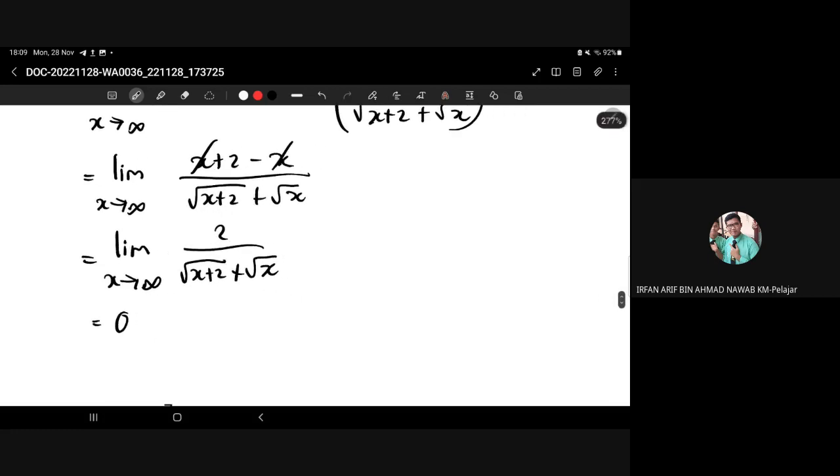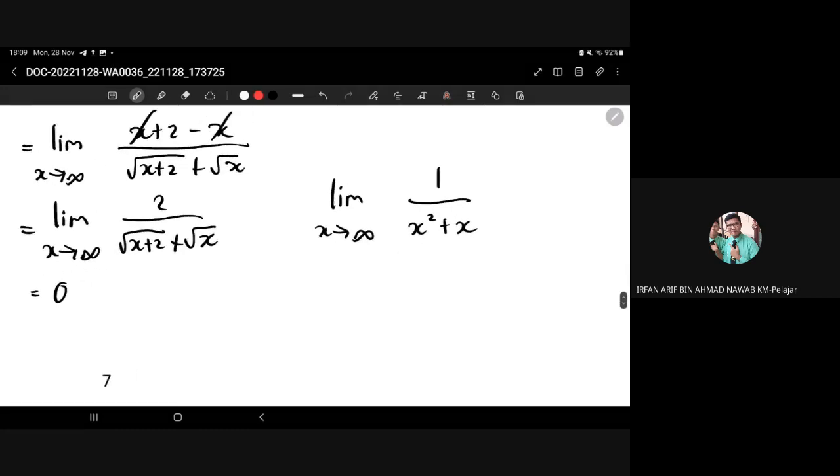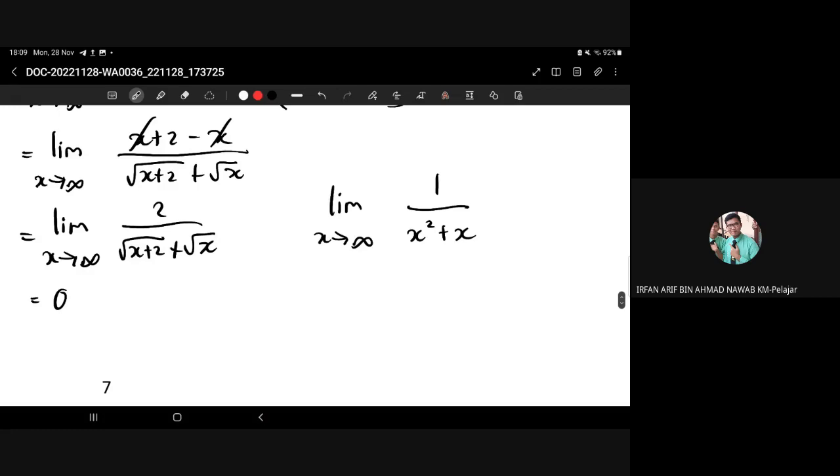For example, limit as x approaches infinity of 1 over x squared plus x. So how do we solve it? Sorry, my bad. So you have to determine the largest power. Yeah, the largest power. So from here we know that x squared is the largest power.